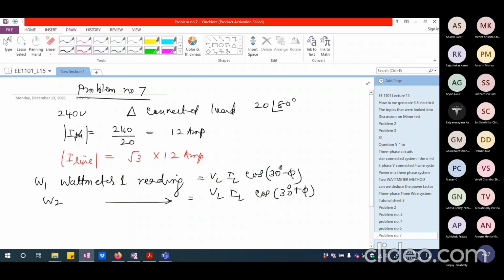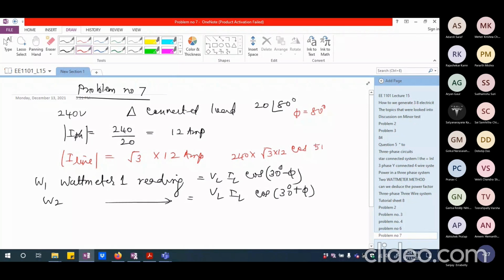So in which case, I can write phi is 80 degrees. So I have to write this as VL is 240, IL is √3 times 12 ampere, and the cos of 30 minus phi is 30 minus 80.